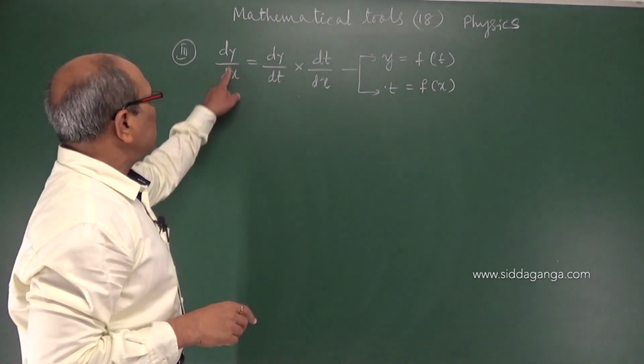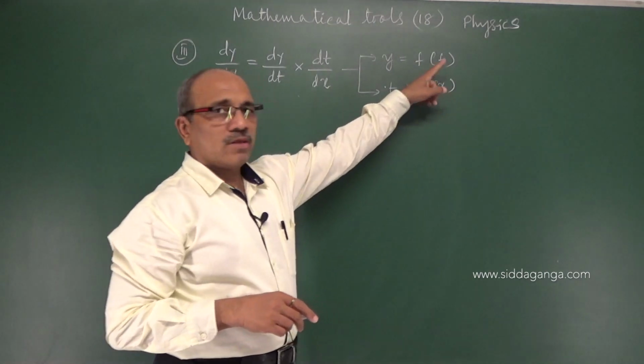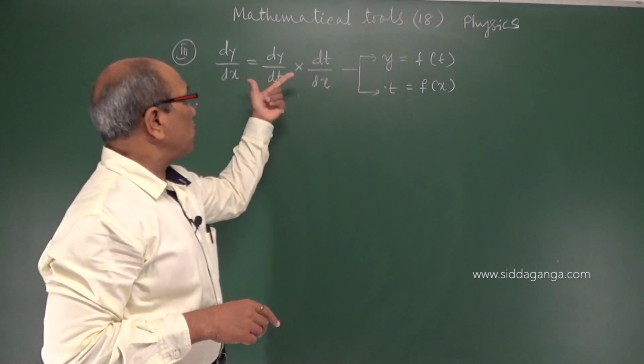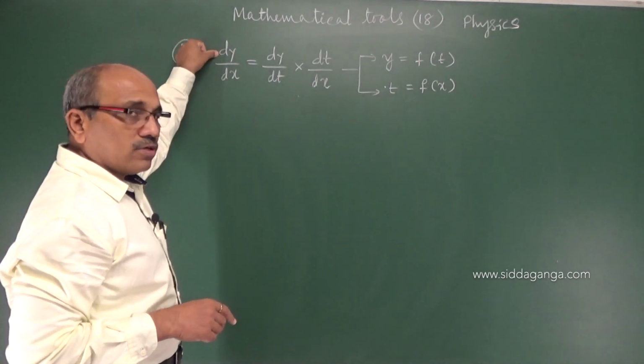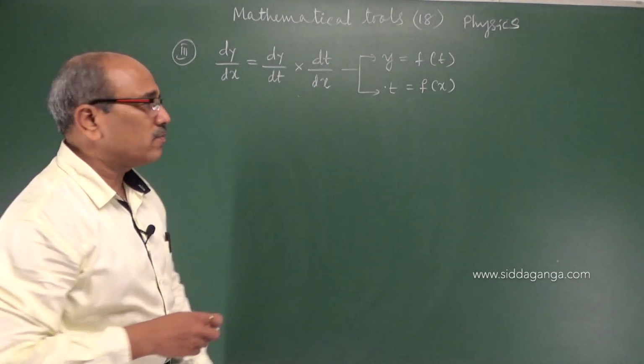We can split this into the variation of y with respect to t existing, and the variation of t with respect to x existing. The product of these gives the derivative of y with respect to x.